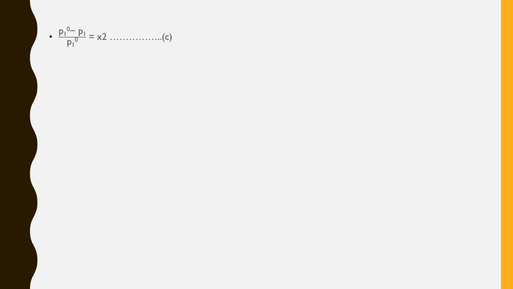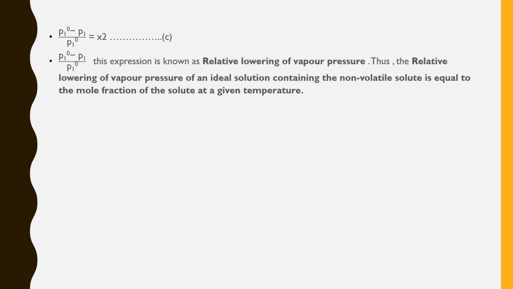Now, since delta P1 will be equal to P1 naught minus P1, as we have discussed earlier, delta P1 is the reduction in vapor pressure, and reduction in vapor pressure is equal to the vapor pressure of pure solvent minus the vapor pressure of solvent when it is present in solution. So P1 naught minus P1 upon P1 naught equals x2.